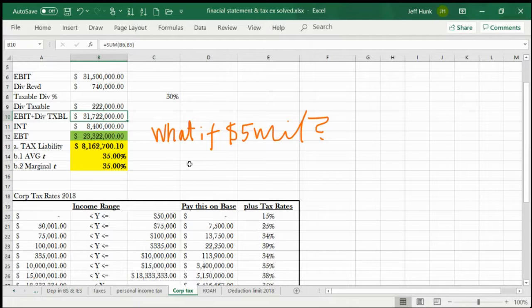The reason for that is, unlike the personal income tax, where dividend is taxed separately from the earned income. Dividend is taxed at 15% if your marginal tax rate is above 25%, and below 25% you pay nothing.